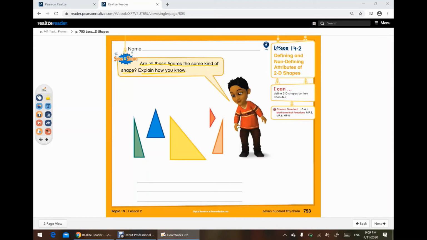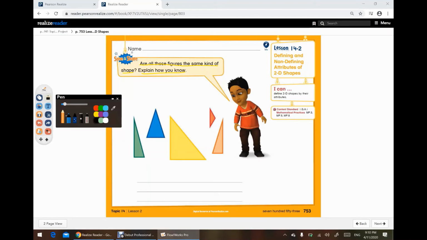Do you think they all are of the same kind? Yes, they all are of the same kind. Why? Because we learned 3 things, right? How would you define the shape? They should have the same number of sides. They should have the same number of vertices, and they all should be closed shapes.